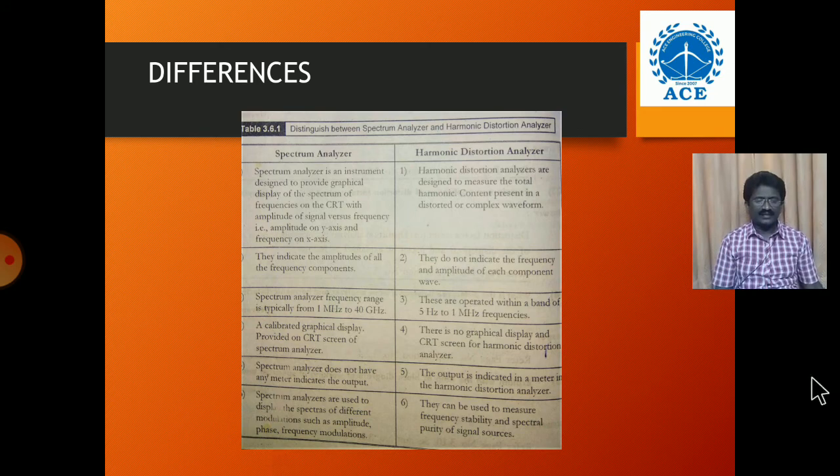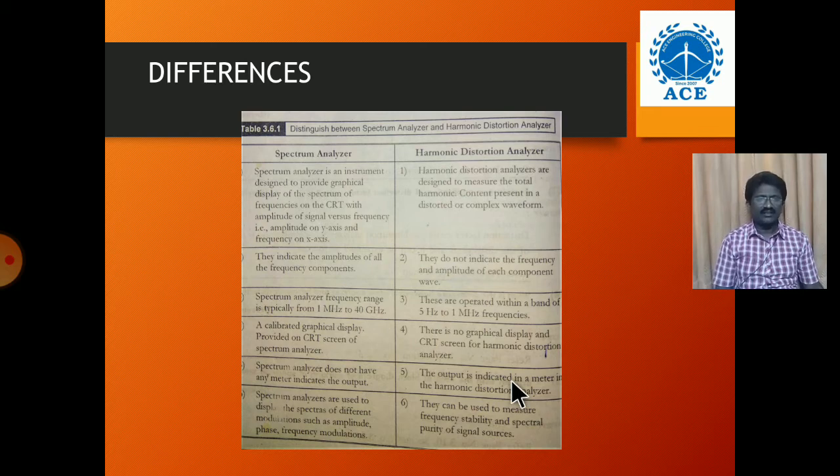Whereas in a harmonic distortion analyzer, the output is indicated in a meter.